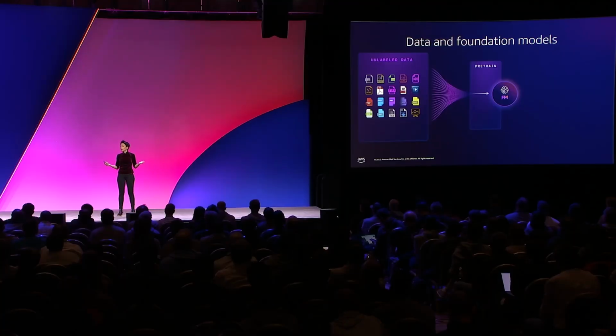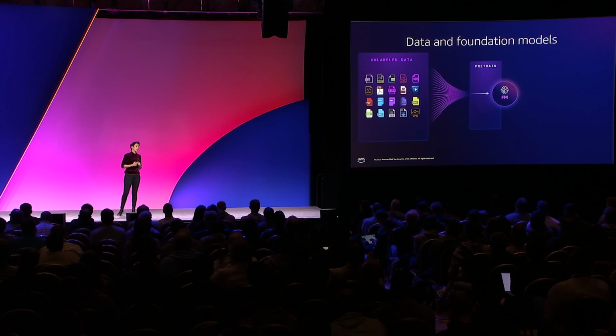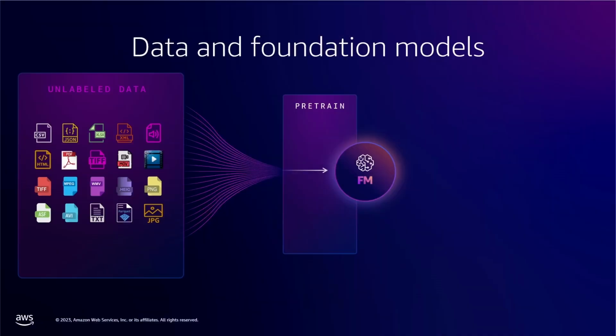So let's start by understanding the relationship of data all up with FMs. Now, as many of you already know, FMs are large neural networks trained on massive data sets to develop a broad or generalized understanding. And these capabilities can then be customized for specific tasks.